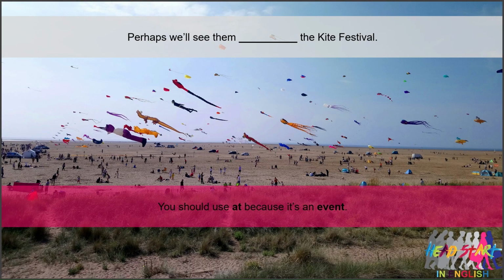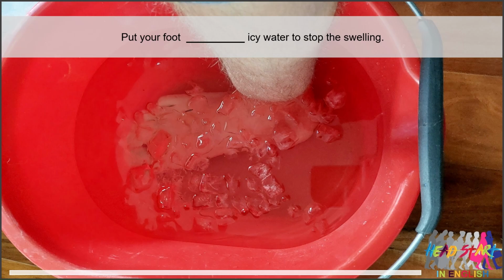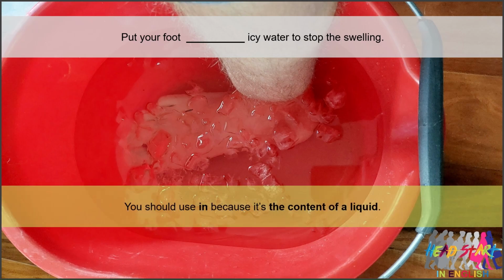We should use at because the kite festival is a type of event. Put your foot in icy water to stop the swelling. Here we're talking about the contents of a liquid, so we use in.